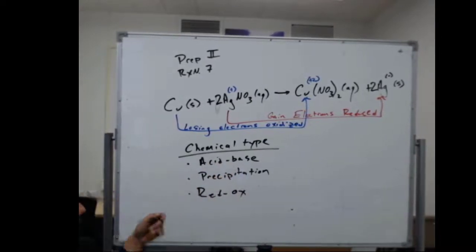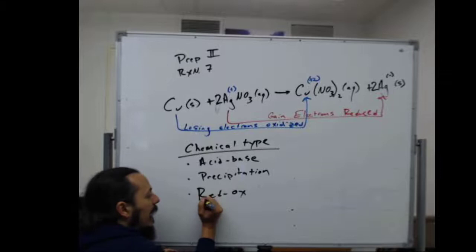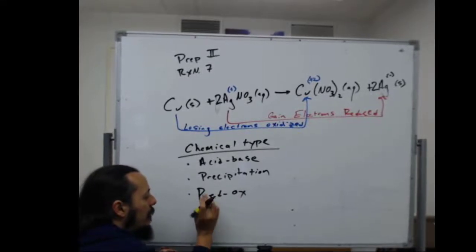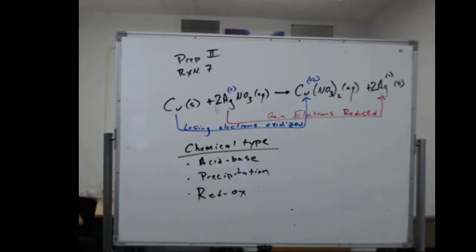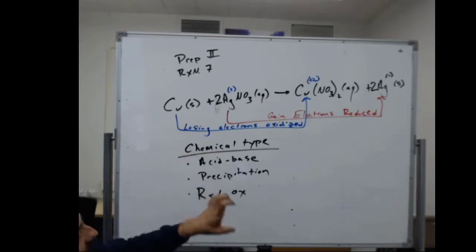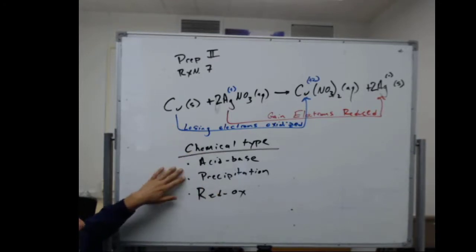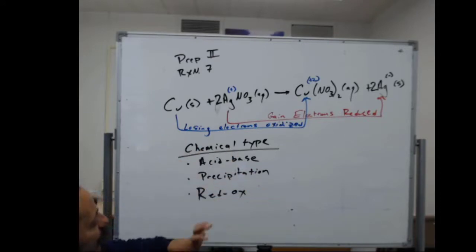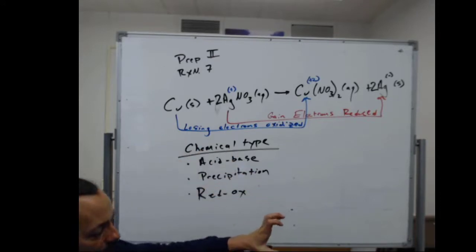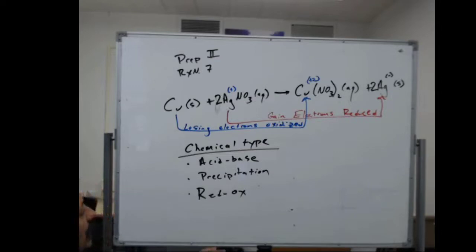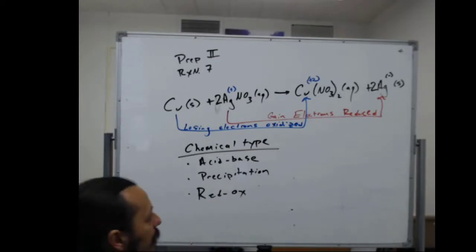So we've got our 3 chemical types. These are really looking at how the chemical compounds are changing. Your acid-base reaction, you're looking at that HOH situation. The precipitation, you're looking at the charges. You're looking at the cations and anions switching places. And the redox, you're looking at the electrons switch between materials.